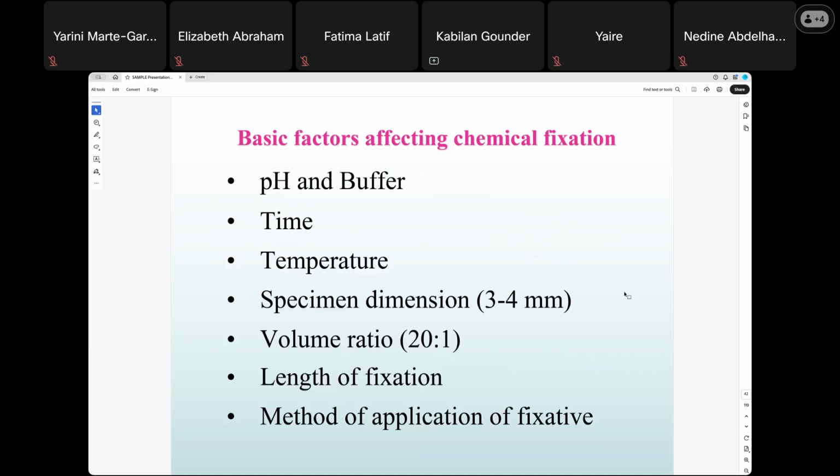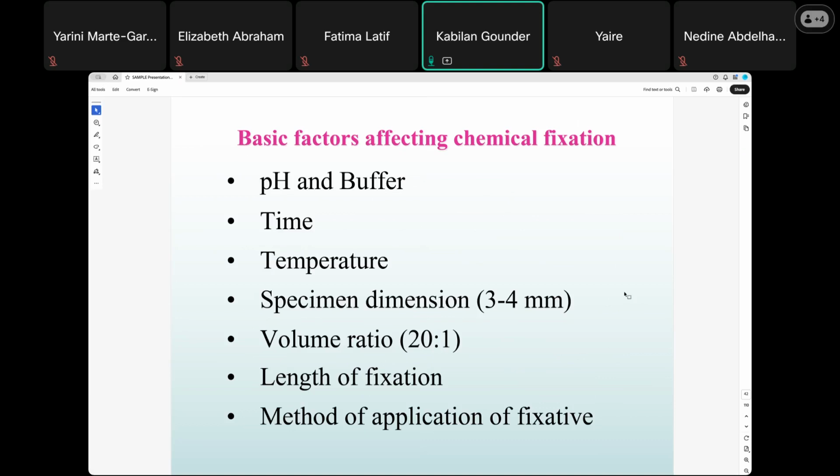How can we dilute the concentrated fixatives? We can use buffer. And how do you wash your sample? It requires buffer. Also, another factor affecting the process is the temperature.